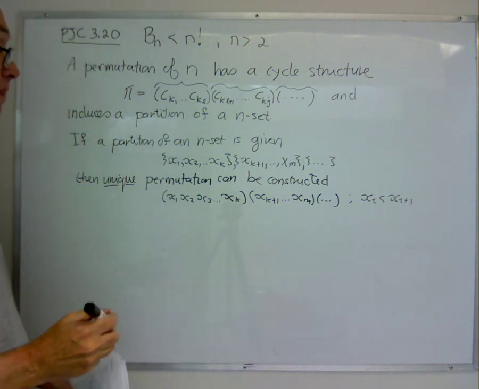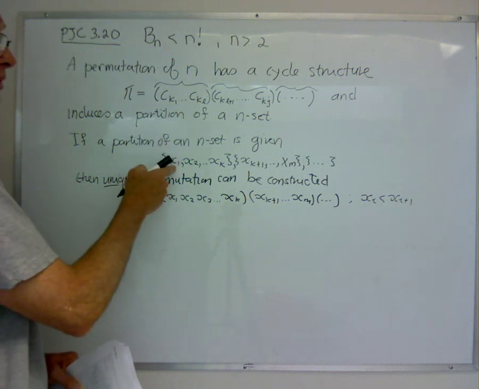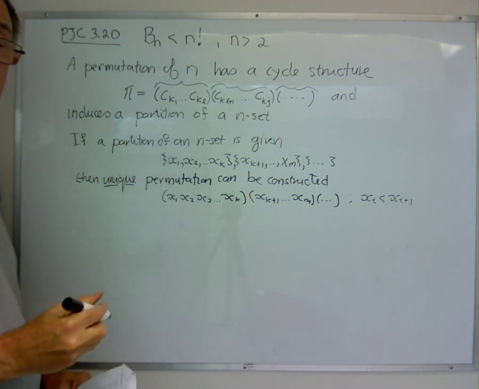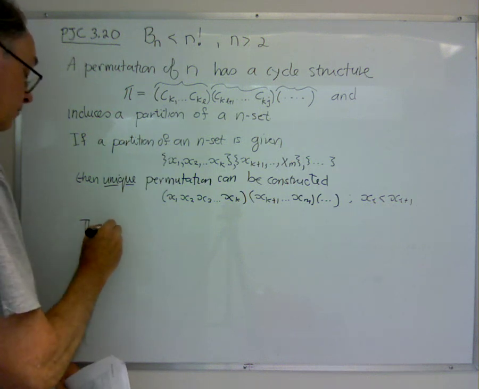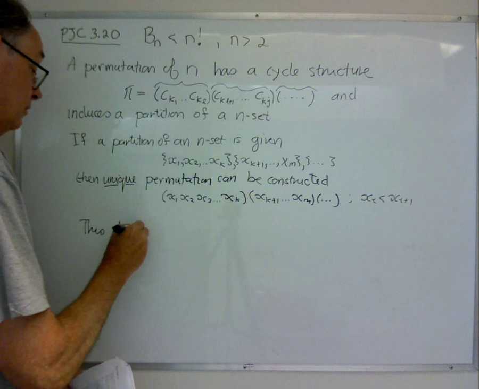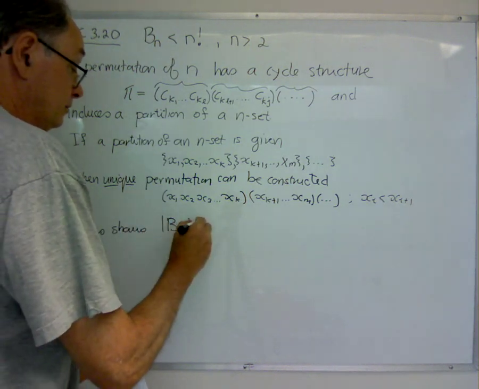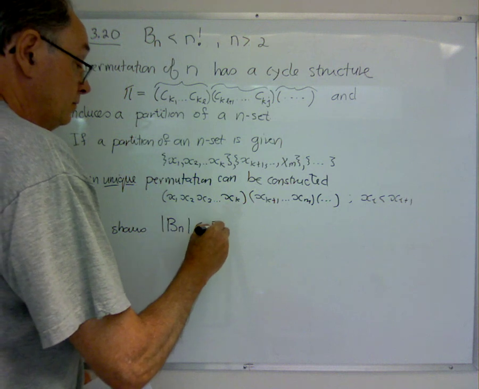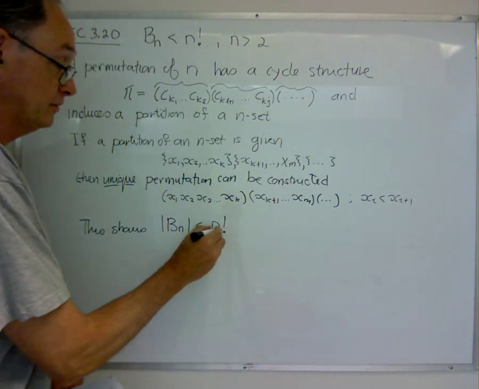And so what does this show you? Because the partition gives you a unique permutation, it shows that the number of partitionings is strictly less than n factorial. Right? It must show that.